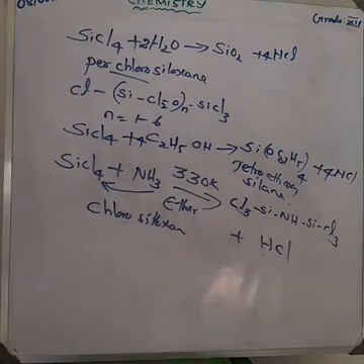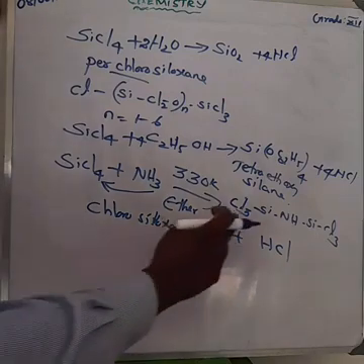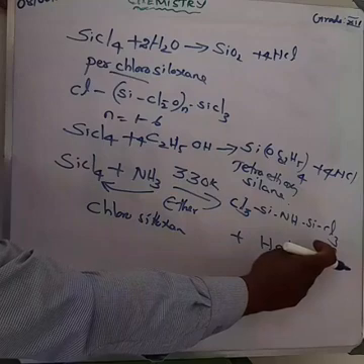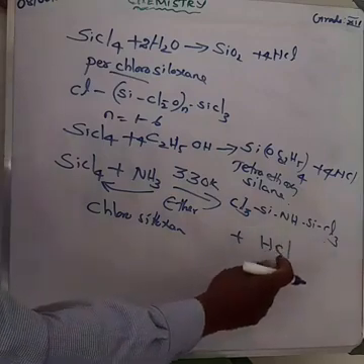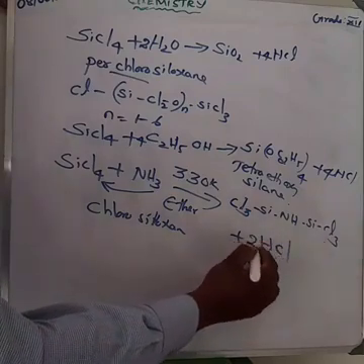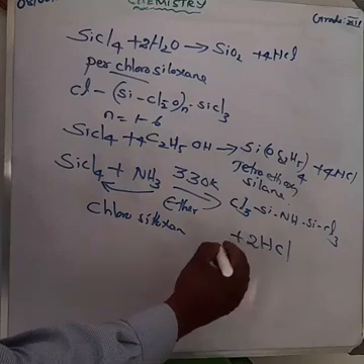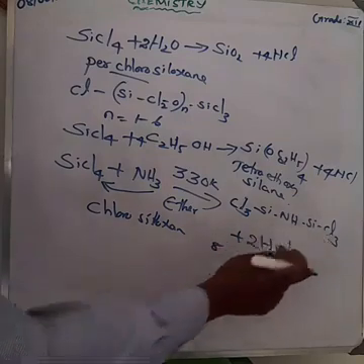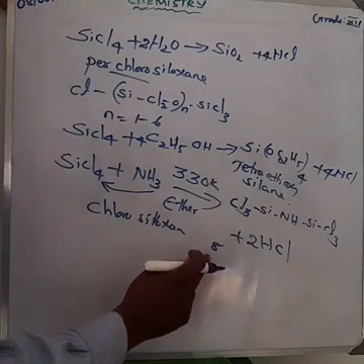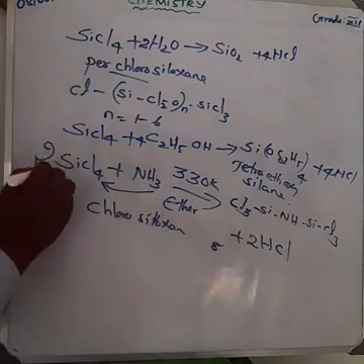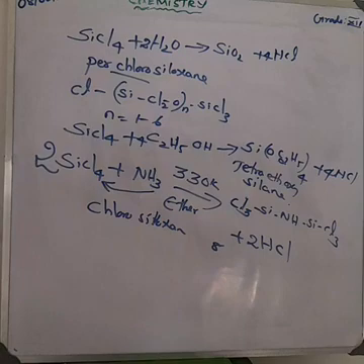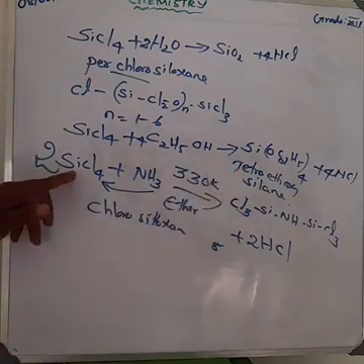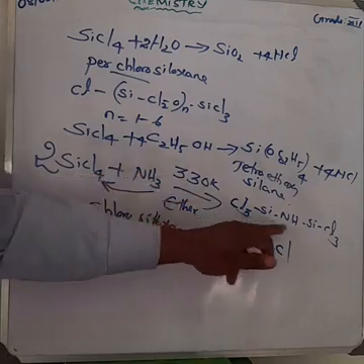Here we have to balance the equation. Here having 3 chlorine, here also 3 chlorine, and HCl also has chlorine, am I right? If you make the product side 2 HCl, how much total chlorine is there? 3 plus 3 plus 2, so we get 8 chlorine. So make it 2 on the reactant side, 2 into 4 is 8. Chlorine is balanced. Silicon here has 2, so here also 2.